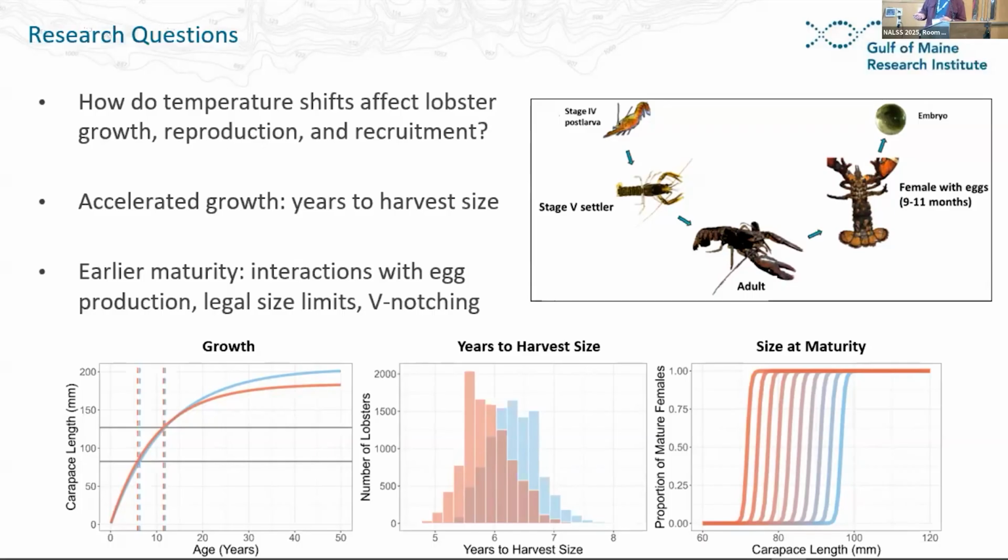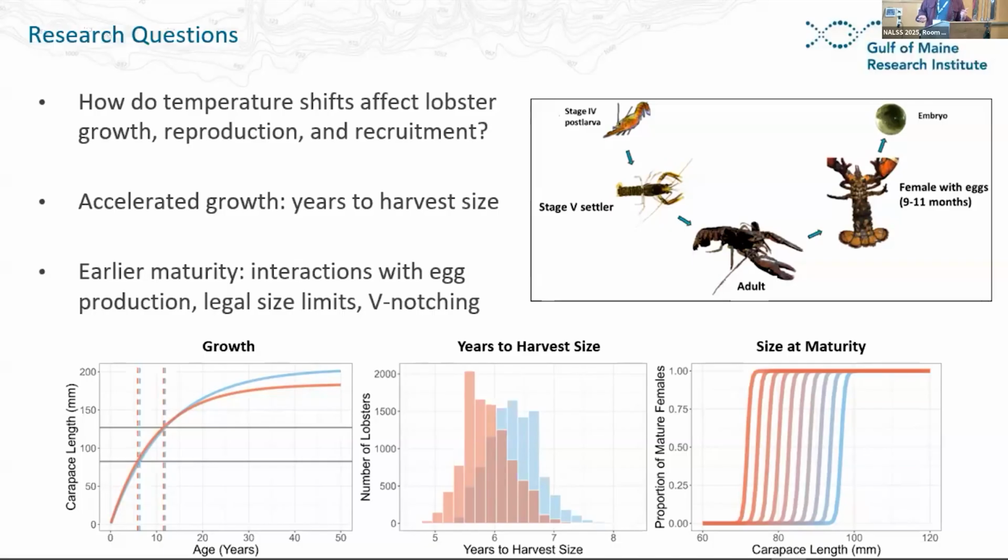And so, folks here, Ruby, looking at size and maturity of crustaceans, we're going to be doing similar functional responses where, as size increases, there's a probability that you mature to the reproductive stage, and this will also be temperature dependent. This is where some really interesting interactions occur with the fishery.